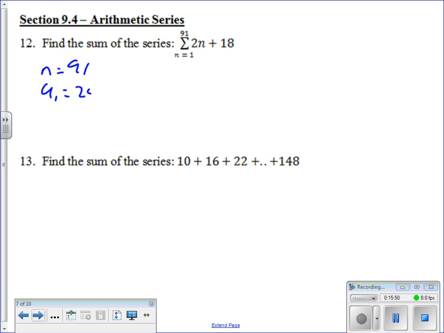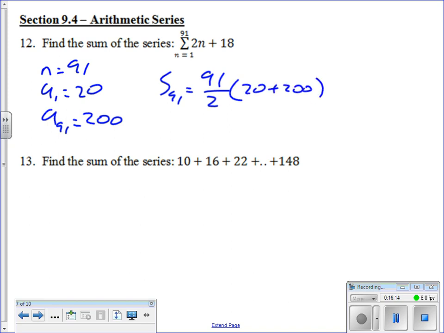So I get 20 for my first term. My 91st term, plug in 91. 2 times 91 is, you end up getting 200. So the sum of the first 91 terms is 91 over 2 times 20 plus 200.